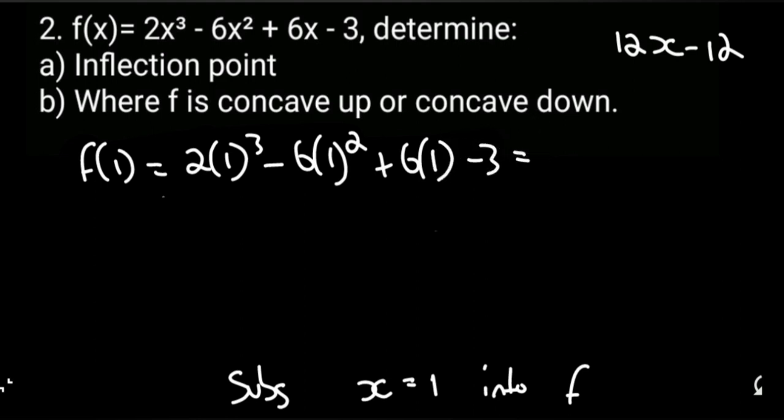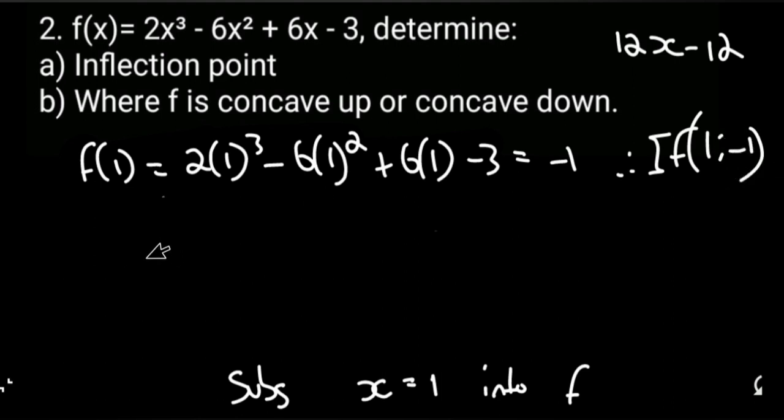Then it's going to be equal to 2 into 1 cubed minus 6 into 1 squared plus 6 into 1 minus 3. So we're going to get negative 1. Therefore, the coordinates of the inflection point are 1 paired with negative 1.